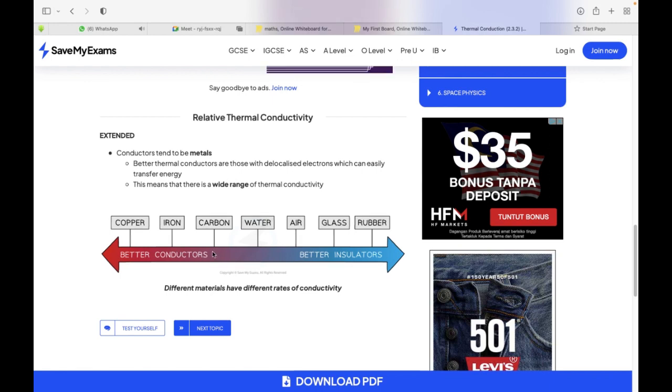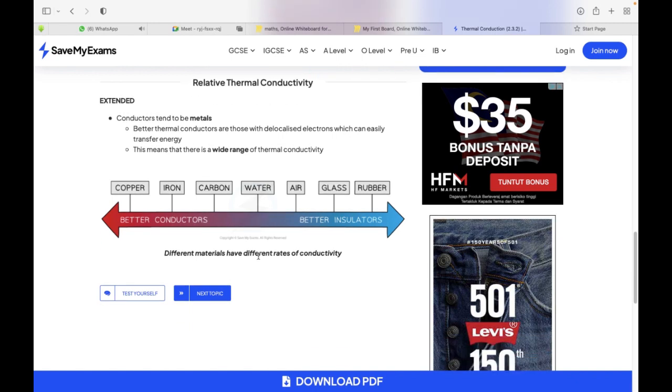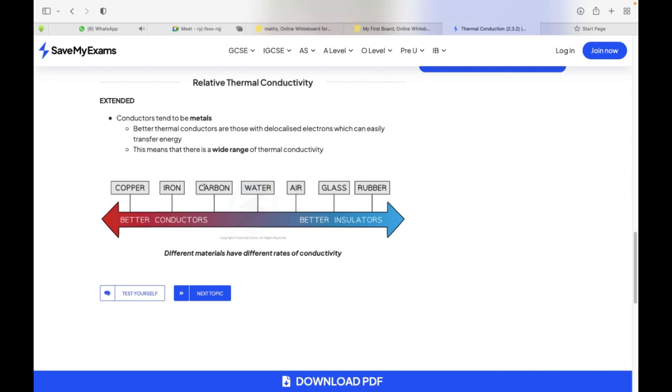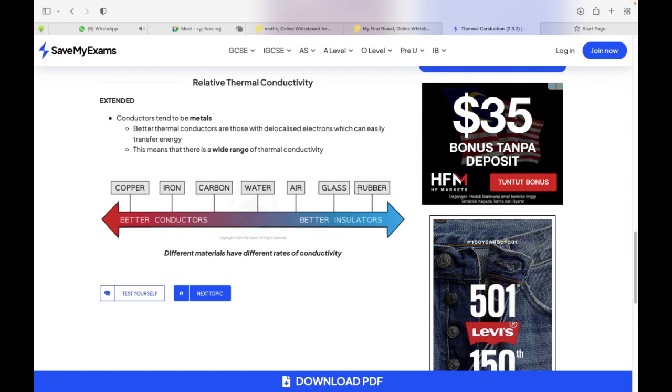Now, this means that there is a wide range of thermal conductivity among materials. So we want to look at different materials and their different rates of conductivity. If you have copper, iron, carbon, water, air, glass, and rubber, we have seven different materials put together.